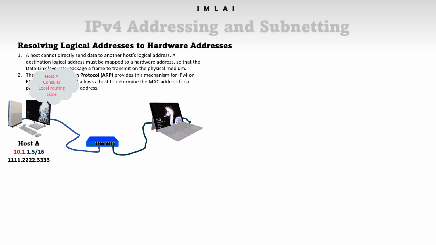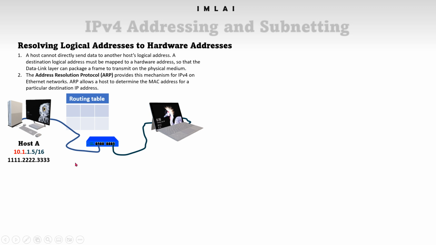Next, host A will determine if the 10.1.1.6 address is on the same network or subnet as itself. Host A consults its local routing table to make this confirmation and determination. In this example, the subnet mask is 16.